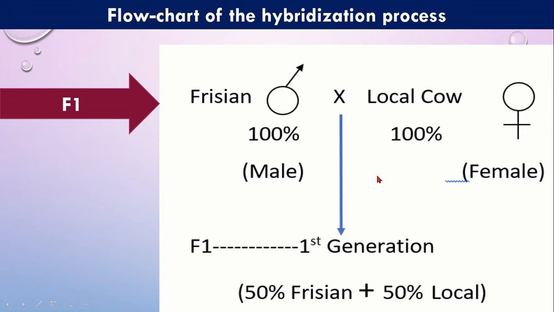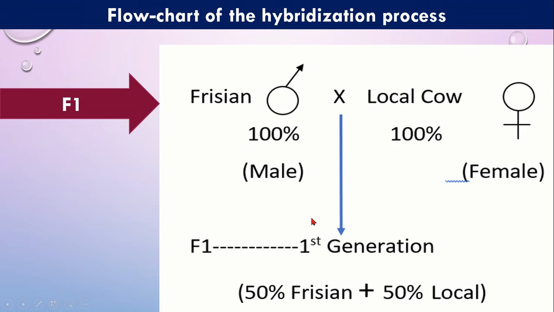Remember that when you cross the local cow with an improved breed, that means inseminate the semen of the Friesian cow to the local cow, the characteristics of the local cow will always be 50% less. Here you see the characteristics of the local cow is 100%, but here it will be 50%.